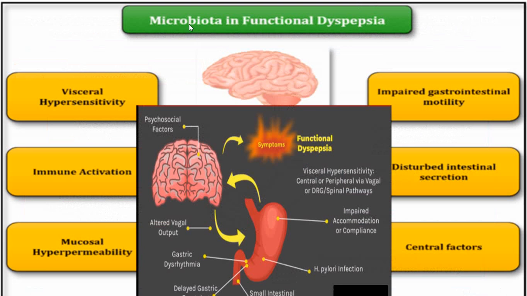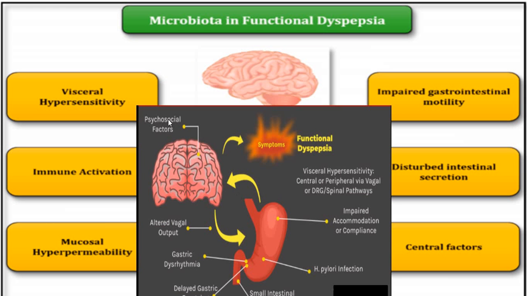There is even a hypothesis of microbiota playing a role in functional dyspepsia. Visceral hypersensitivity, immune activation, mucosal hyperpermeability, impaired gastric motility, disturbed intestinal secretions, and there are central factors also.